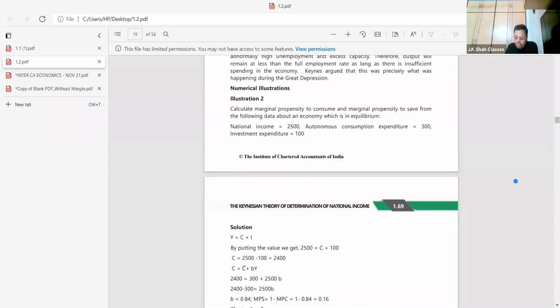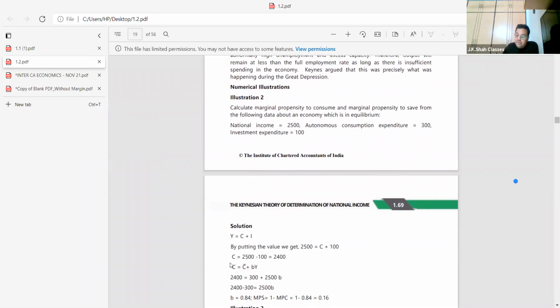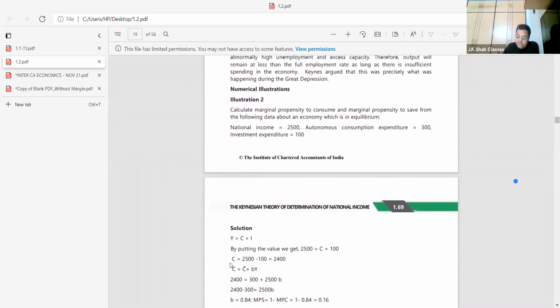Look in the book. Now what I have written over here, just see. अच्छा, C is equal to what? 2,500 minus 100, that is 2,400. Till here it is clear, Kavya?